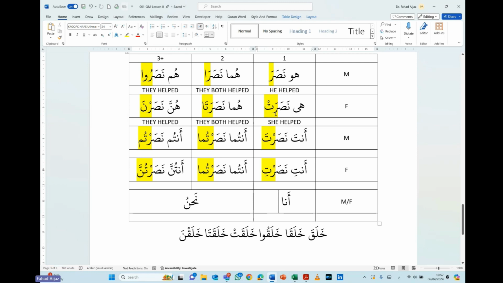When I looked at ana, I saw the ta in front of hum had a sukoon on it. Then I looked at anta, and this ta had a fatha on it. And this ta in anti had a kasra on it. Which haraka is remaining? We had a sukoon, a fatha, and a kasra. Which one is remaining?